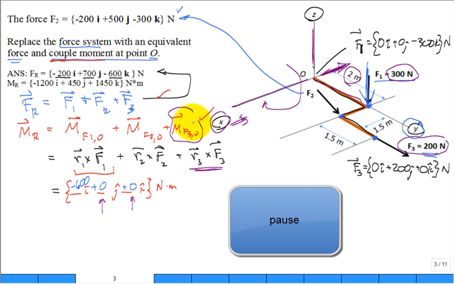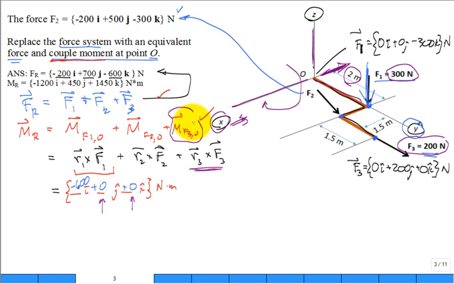All right, let's go ahead and do that, and then we'll do the hardest one, which is the second. So do this one. All right, so this works out right here to be 300 Newton meters. And then you can even just use your right-hand rule, put your thumb up in the z, and this force right here, its line of action goes back. It makes it want to rotate in the positive sense.